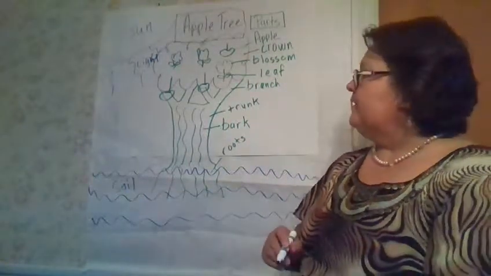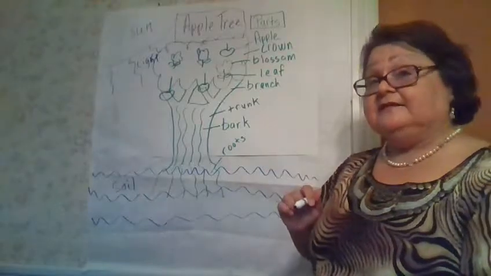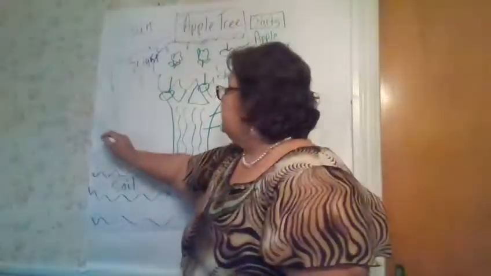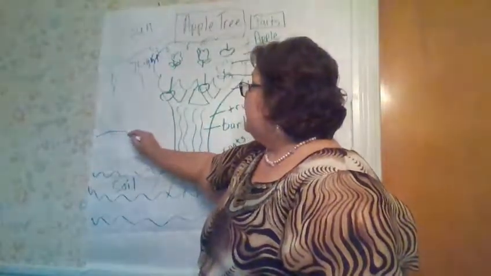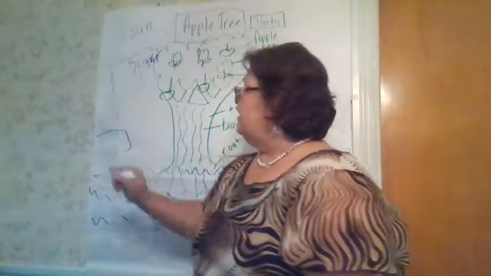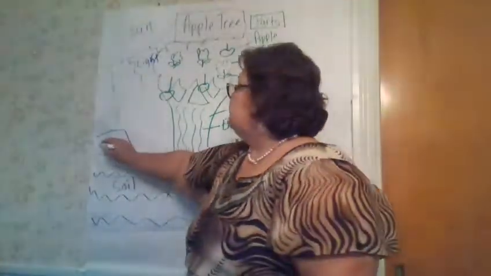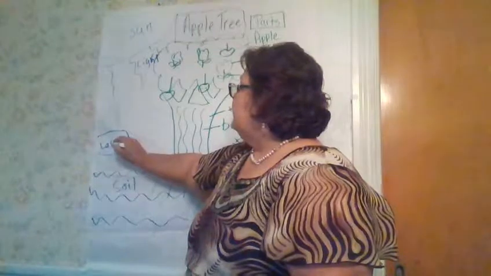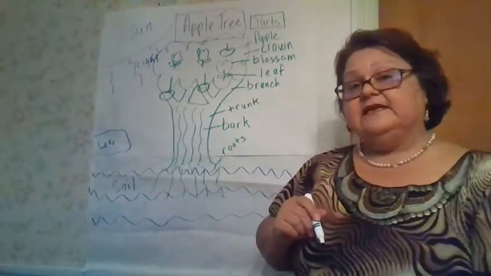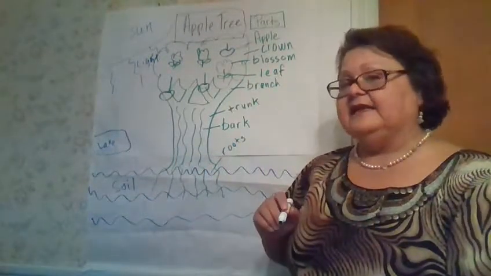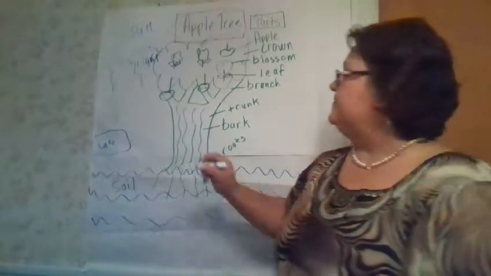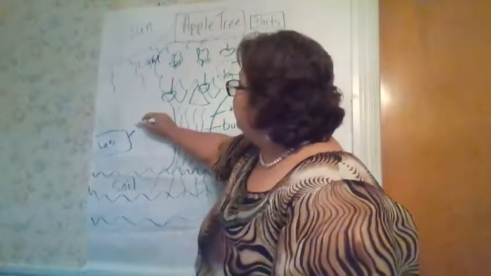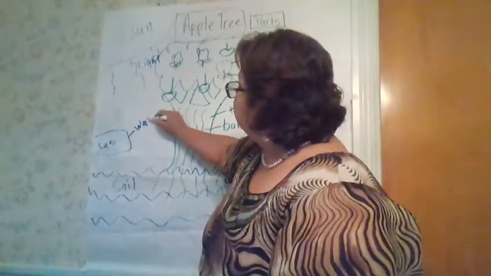Soil. One other thing that the apple tree needs, I'm going to draw it over here. This is going to be my lake. A lake. And the reason why I'm putting the lake is because it doesn't need the lake, it needs the water from the lake. So I'm going to write water.